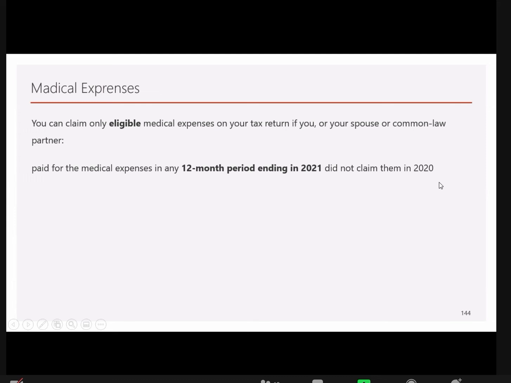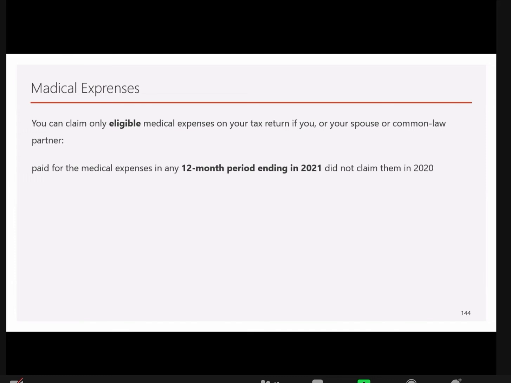So if you have 2020 receipts, then you pick the earliest period, which is February 2020 to January 2021, right?